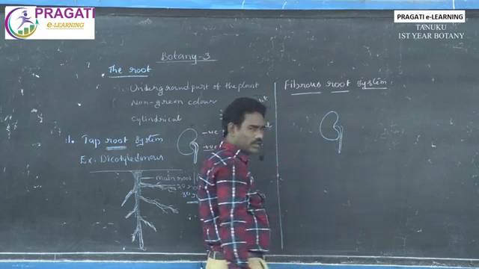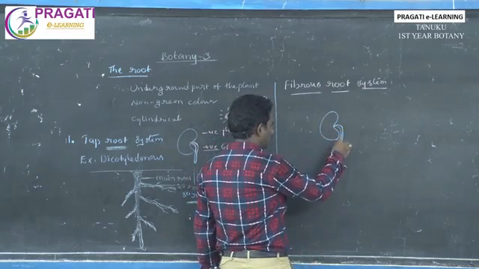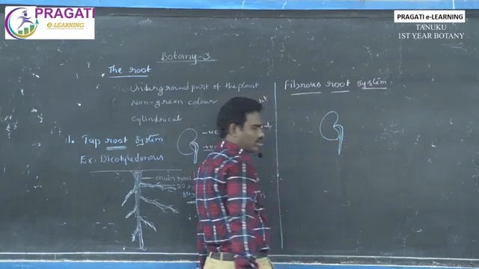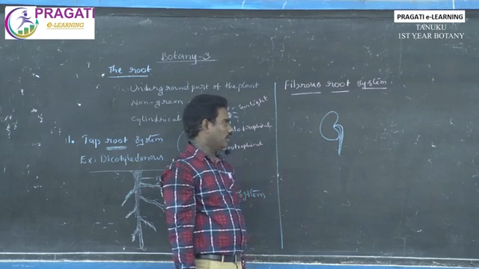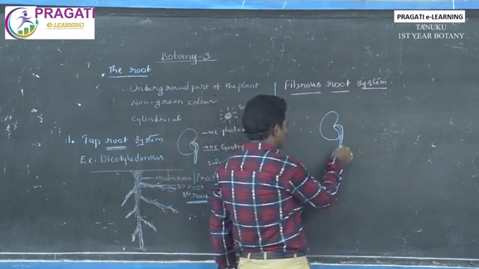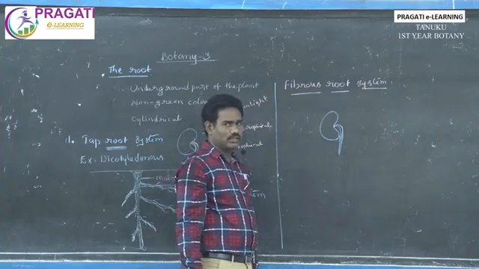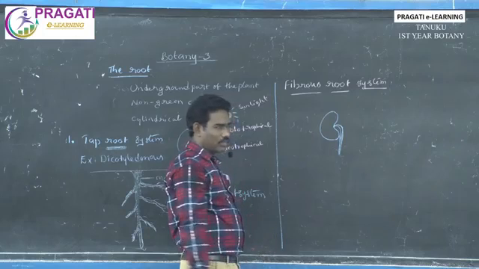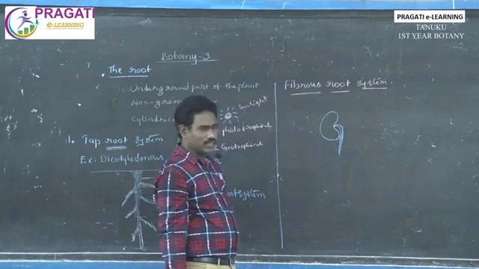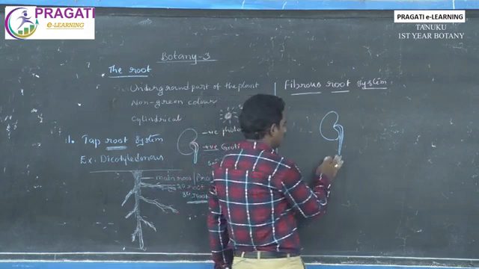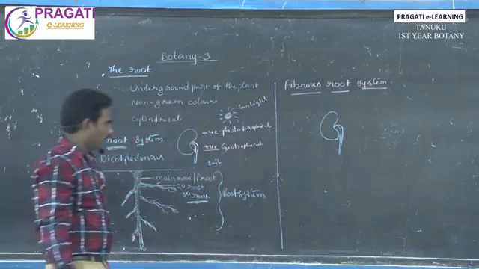Degeneration occurs in a very short time. Then it produces a large number of roots at the base of the stem, called fibrous roots.